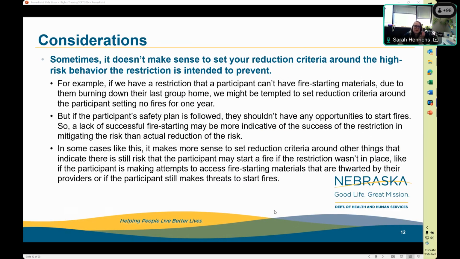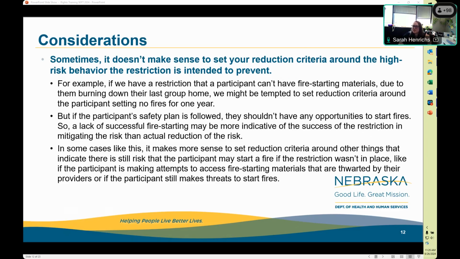Okay. So any questions about this piece? We got sidetracked a little bit, but if the restriction, if it's followed, is going to entirely prevent the thing that is the risk, set your reduction criteria around other signs that it's still a risk, even if they're prevented from doing the highest risk thing.